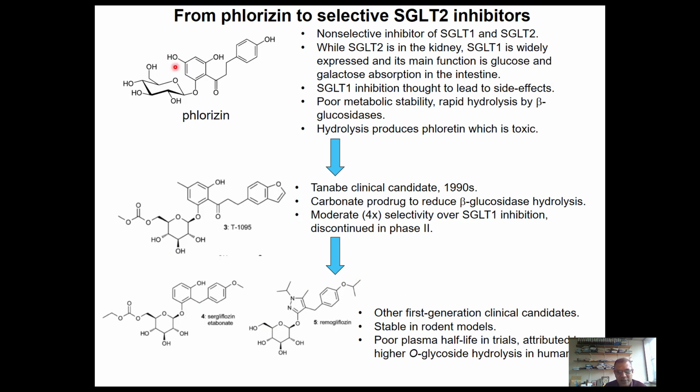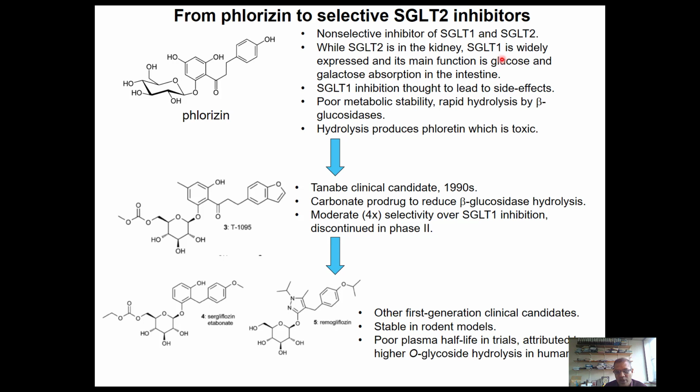Now, the natural product in apples, phlorizin itself, is not very suitable for use as a drug. Firstly, there are two co-transporters, SGLT1 and SGLT2. And SGLT2 is the main kidney co-transporter, low affinity but very large capacity.